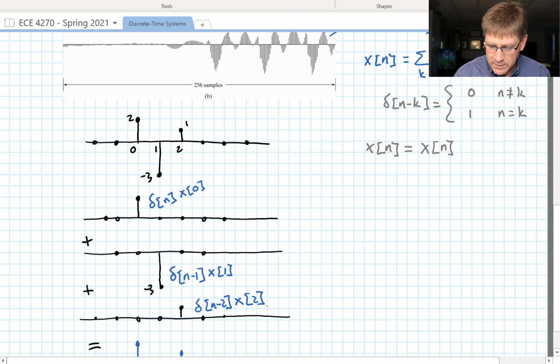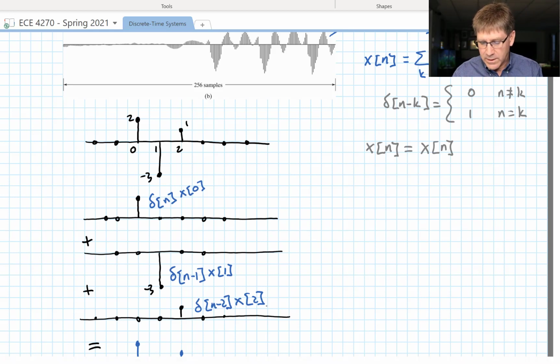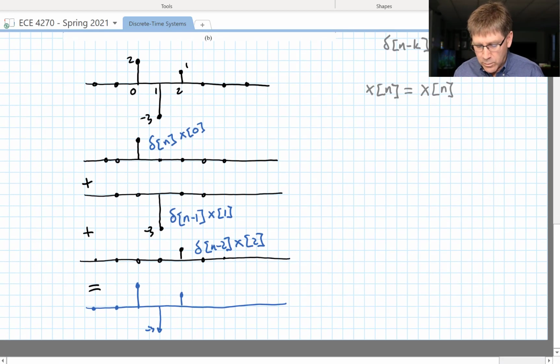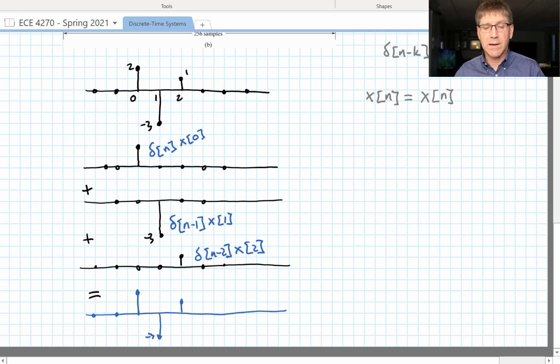And x of 0 is 2, x of 1 is minus 3, and x of 2 is 1. So we've essentially expanded this out into its component parts. A lot of work in the meantime, but in practice we never end up actually having to do this. This is just going to be a tool that we will use to analyze linear time invariant systems going forward.